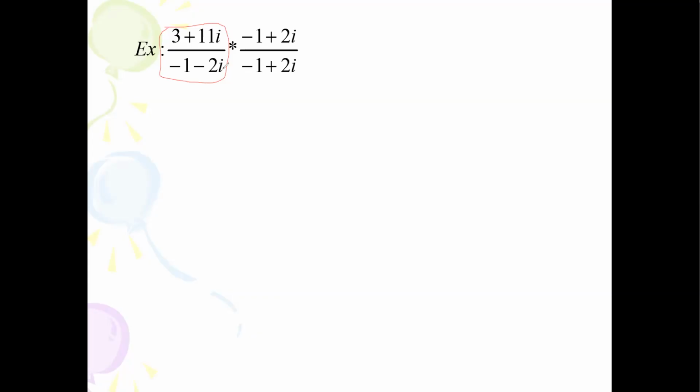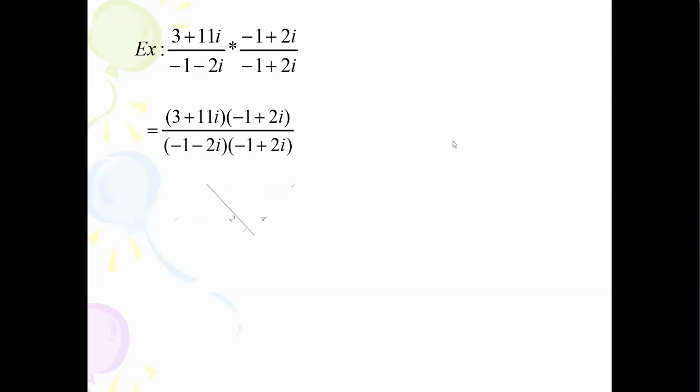You simply change the minus sign in front of the imaginary part to positive. So you multiply by minus 1 plus 2i over minus 1 plus 2i.